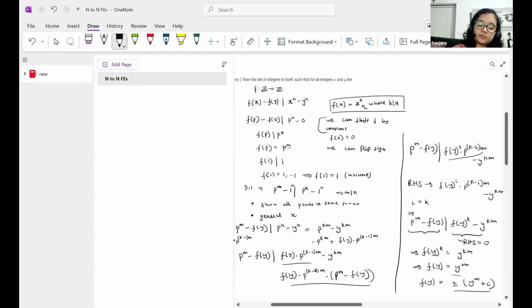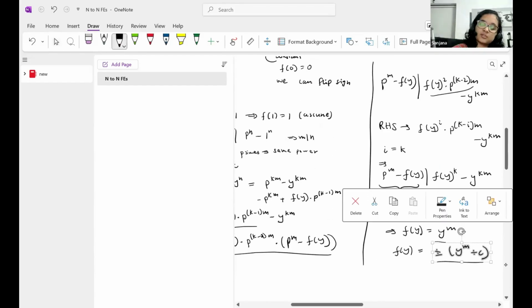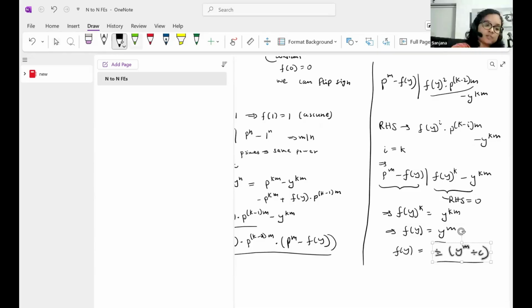So finally, when that power of p vanishes, you get something on the right side which is independent of p. So all the functions we get are f of y goes to y raised to m plus some constant, and you can make it negative also.